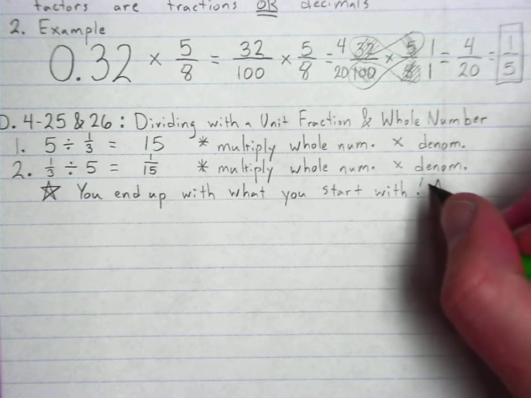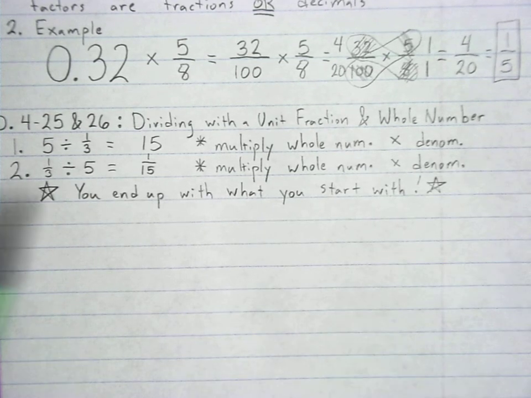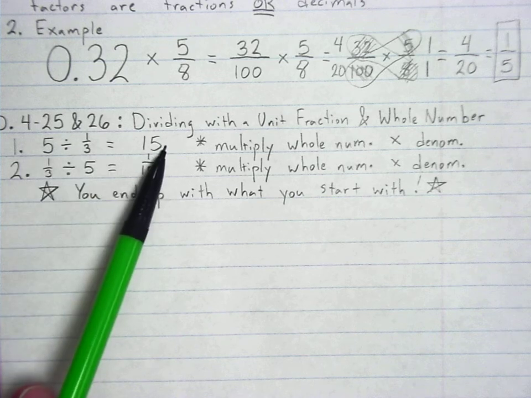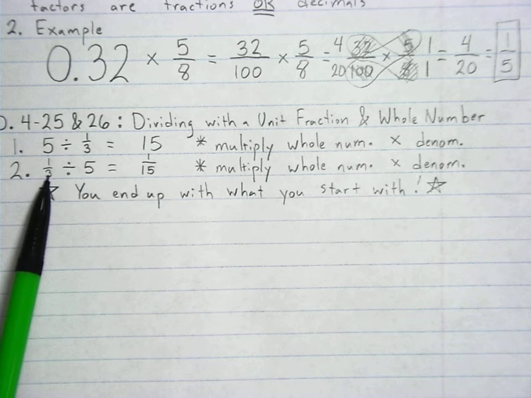Now, what I mean by this is you're going to look at the dividend. If the dividend is a whole number, your final result will be a whole number. If the dividend is a fraction, your final result will be a fraction.